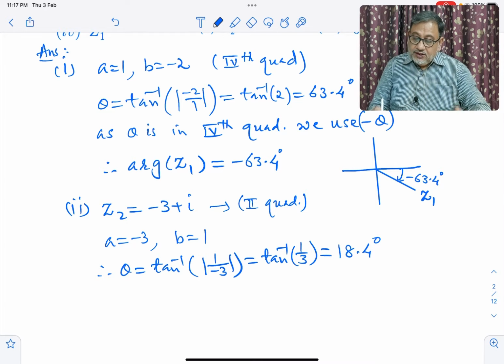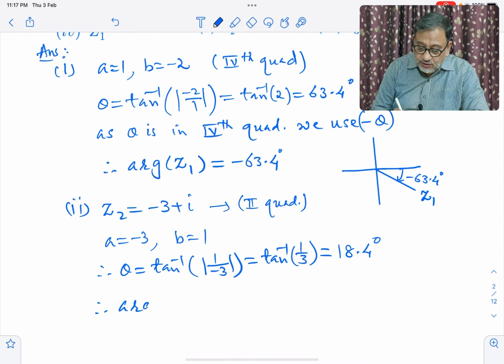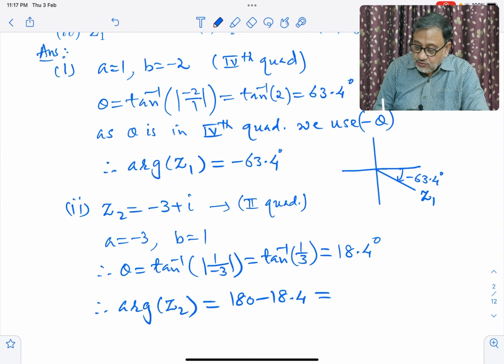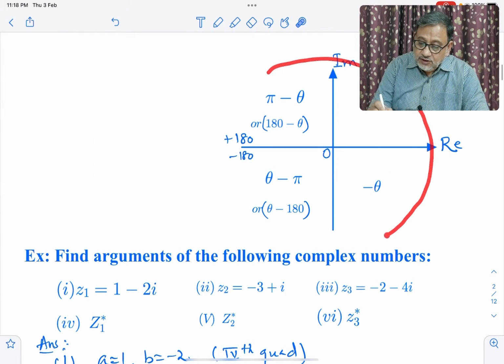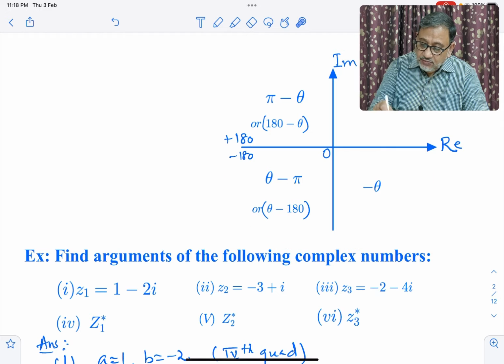Okay, but because we are in the second quadrant, therefore argument of Z2 is equal to 180 minus 18.4. Please note that according to this diagram, we are in the second quadrant. So in the second quadrant, this will be the angle.